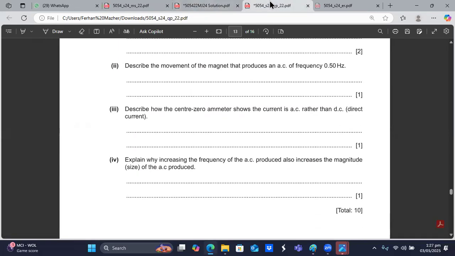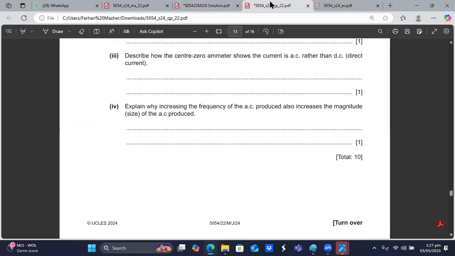Okay, then the question is, explain why increasing the frequency of the AC produced also increases the magnitude of the alternating current produced. You see, if you want to increase the frequency of the alternating current, you have to move that bar magnet quickly. You have to move that bar magnet faster.